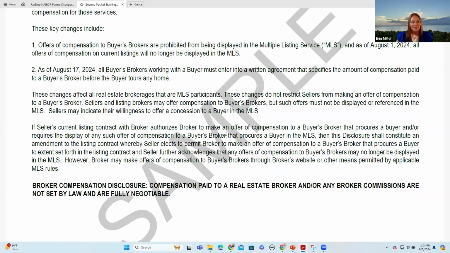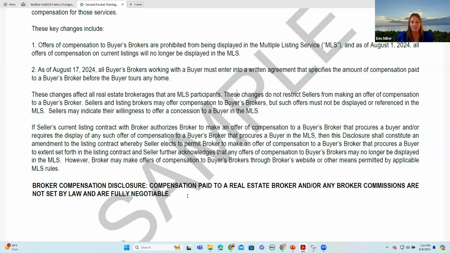Okay. If the seller's current listing contract with the broker authorizes the broker to make an offer of compensation to a buyer's broker that procures a buyer and/or requires the display of any such offer of compensation to a buyer's broker that procures a buyer in the MLS, then this disclosure will constitute an amendment to that listing contract whereby the seller elects to permit the broker to make an offer of compensation to a buyer's broker that procures a buyer to the extent set forth in the listing contract.